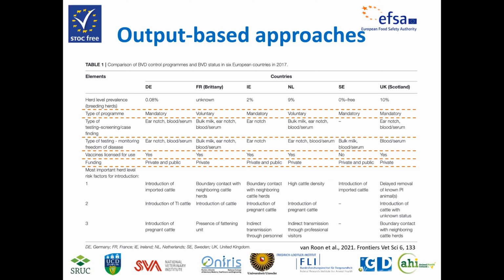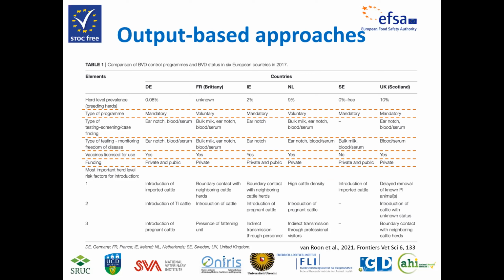Next slide, please. This is really illustrated in this table, which highlights the approach to BVD eradication in six European countries. And what we see is that there are multiple routes to achieve the same output. And also we see a focus on risk factors.